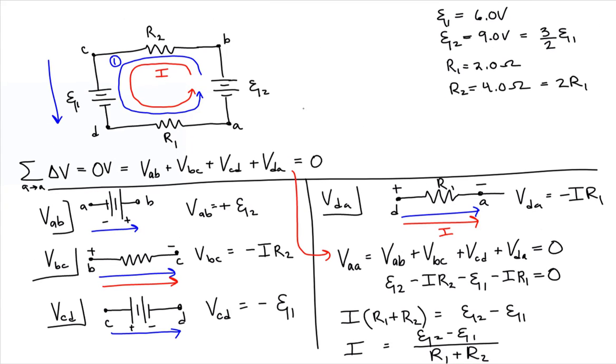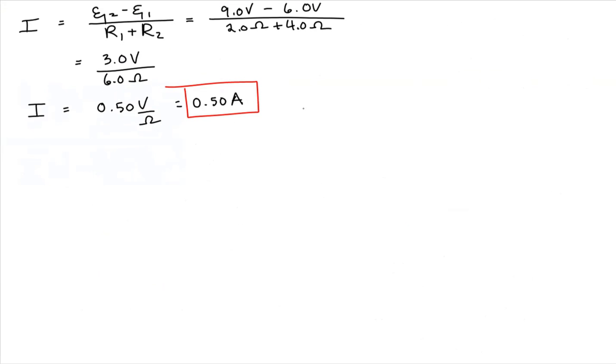We need to find the potential difference across resistor 1, which is the potential difference from D to A, and the potential difference across resistor 2, which is the potential difference from B to C. So earlier, we said that the potential difference from B to C, this is across resistor 2, is equal to minus the current times the value of resistance for resistor 2.